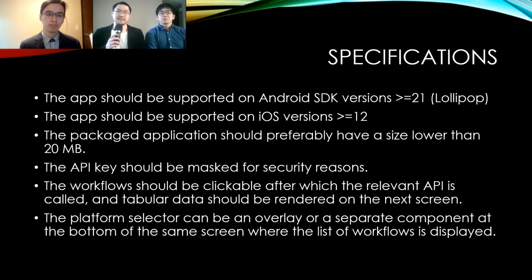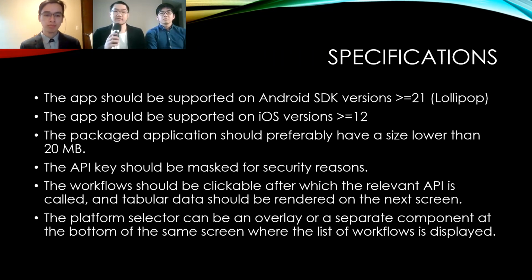And specifications, the app should be supported on Android SDK version higher or equal to 21 and supported on iOS version higher or equal to 12. And the packaged application should preferably have a size lower than 20 megabytes. And the API key should be masked for security reasons.